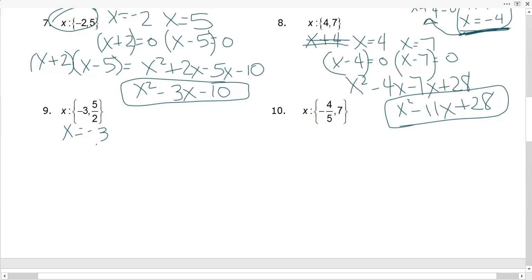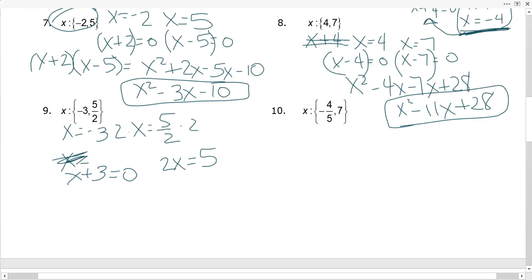X equals -3, x equals 5 over 2. For this one, I'm adding 3 to both sides, so I end up with x plus 3 equals 0. For my second one, I'm multiplying both sides by 2. So I end up with 2x equals 5. Subtract 5 from both sides. I have 2x minus 5 equals 0.